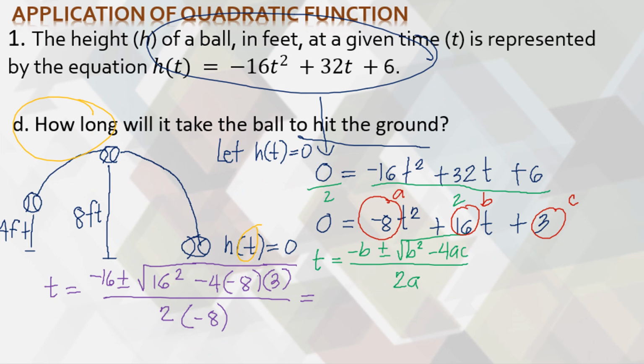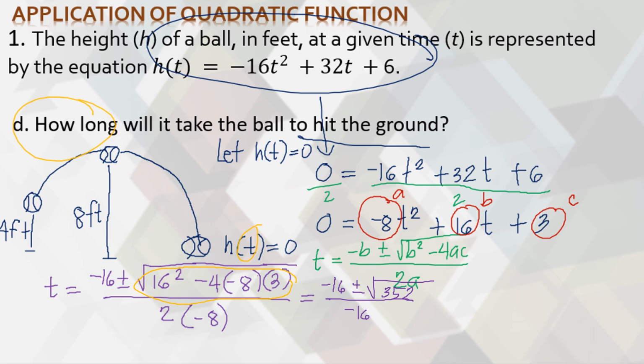okay, so to continue that, meron na tayong negative 16 plus minus the square root of 352. So itong square root of 352 ay makukuha natin dito sa radicand. And that will be divided by negative 16.